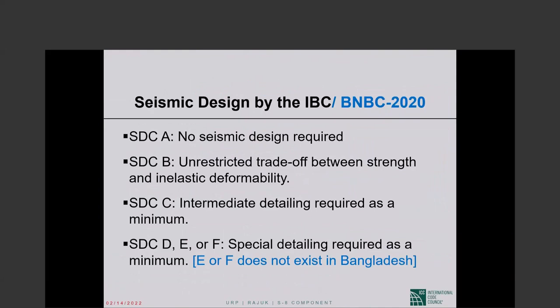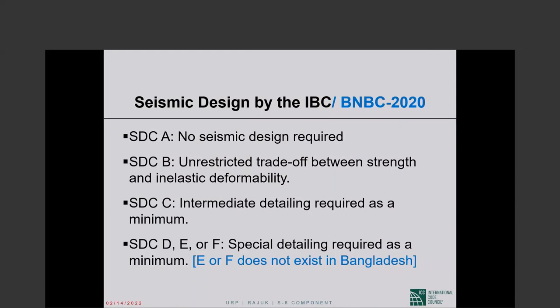If your design category is A, which will not be the case in Bangladesh, you don't have design category A, no seismic design is required. So you are not in that situation. Design category B: unrestricted trade-off between strength and inelastic deformability, unrestricted.